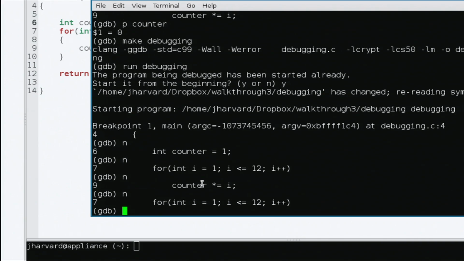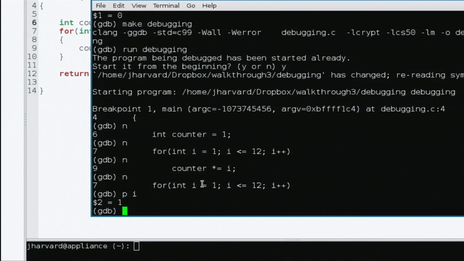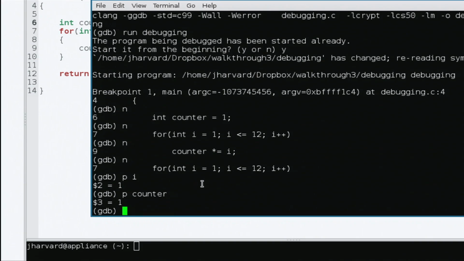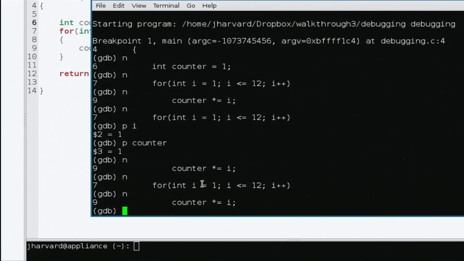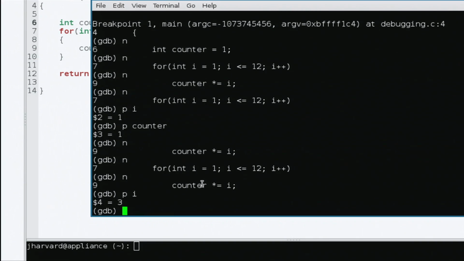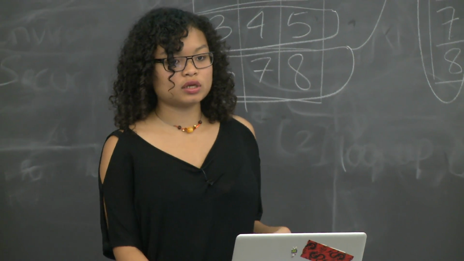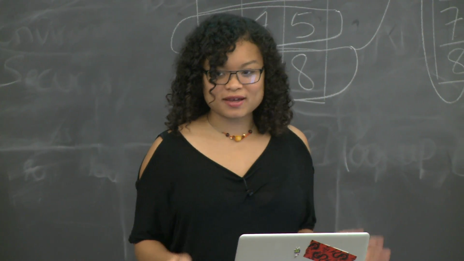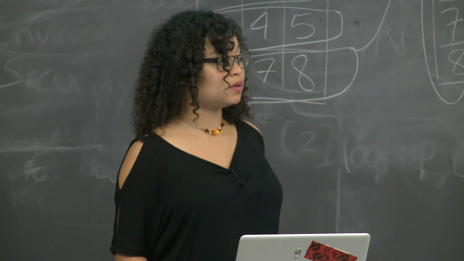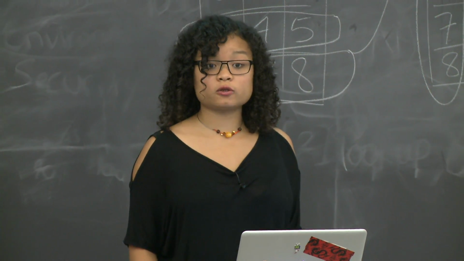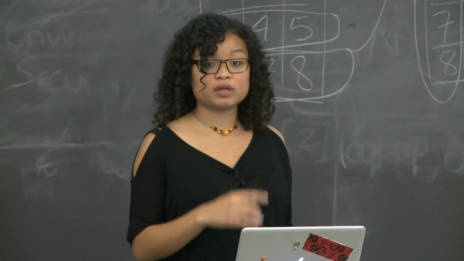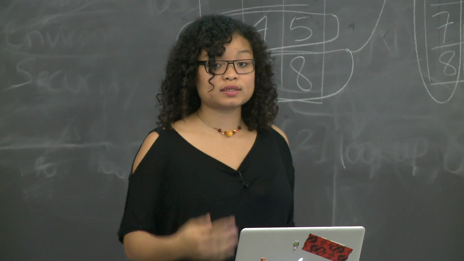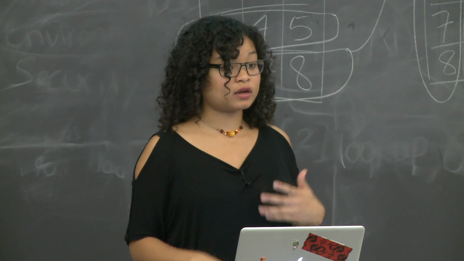We can go through a couple of times, and then print i, print counter, continue. All right. So now we see that counter is actually increasing its value as we want it to. So that's just a tiny little bite-sized example of how you might use GDB to enter your code, print certain values, click next to proceed to the next line, and abbreviate it and print it out.